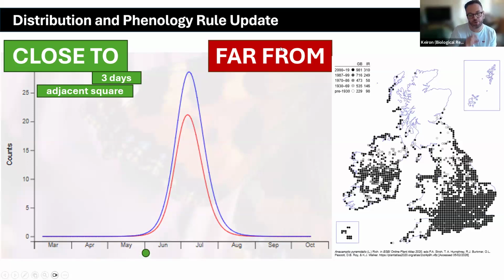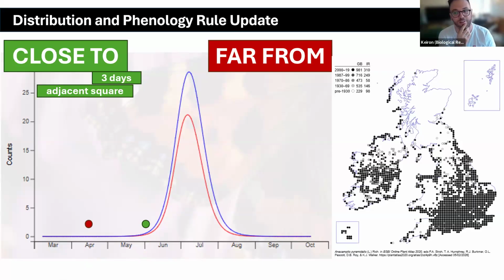So if we take an example, if we recorded the marbled white here, we'd get in the notification of the rule being flagged that it was close to. So it's not beyond the realms of belief that this could be a correct record. However, if we've got a marbled white flying in April, there's something wrong. It might be that it's escaped from a butterfly farm.